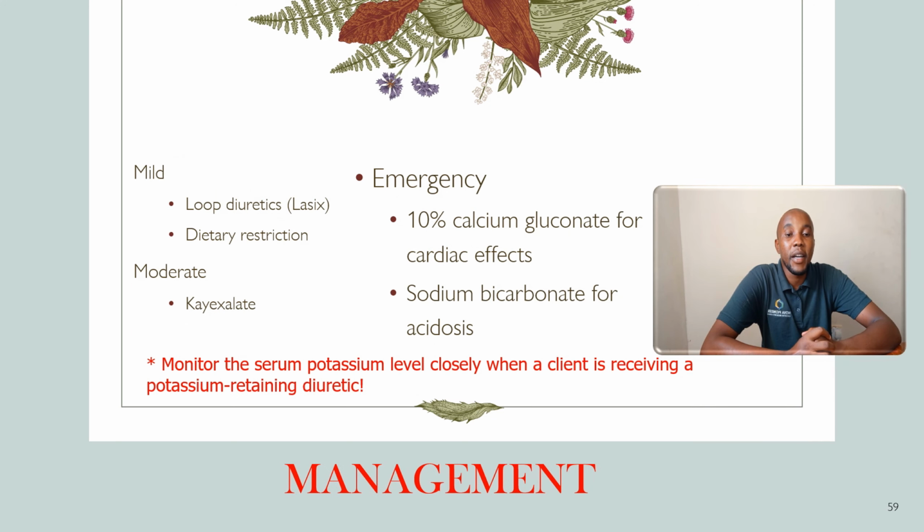How do we manage hyperkalemia? Hyperkalemia, if it is mild, give diuretics such as Lasix. You can also do dietary restriction. Restrict the diet. Don't allow the patient to eat foods which are very rich in potassium. Moderate hyperkalemia, we can give Kayexalate, which is given as an enema, and it will allow the excretion of potassium.